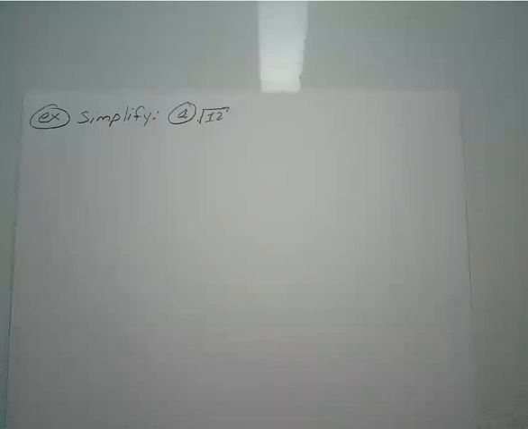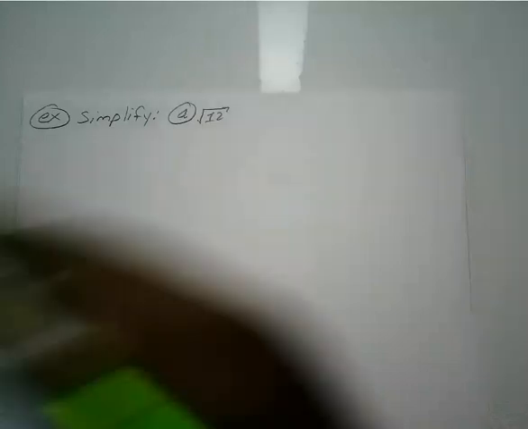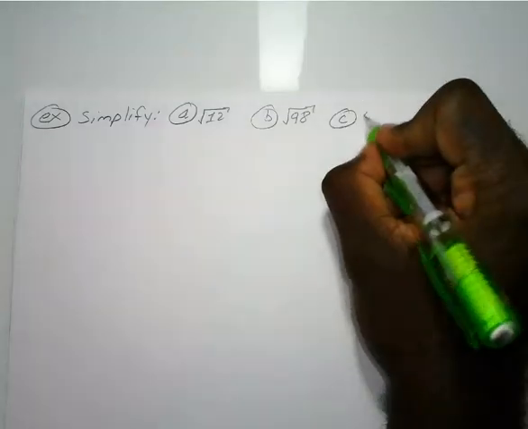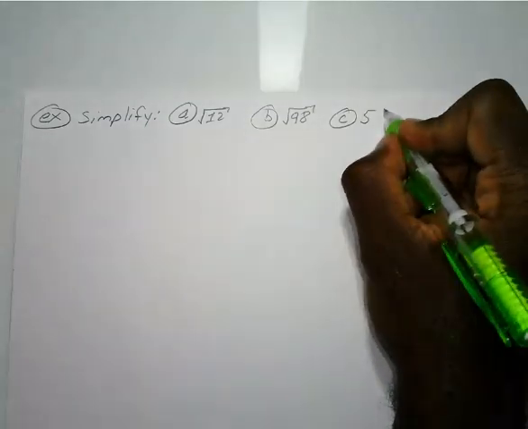Say for problem B, we have the square root of 98. And let's say for problem C, we want to simplify 5 times the cube root of negative 64.